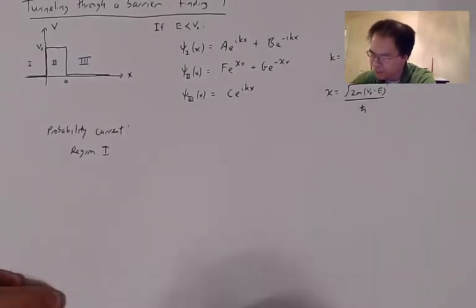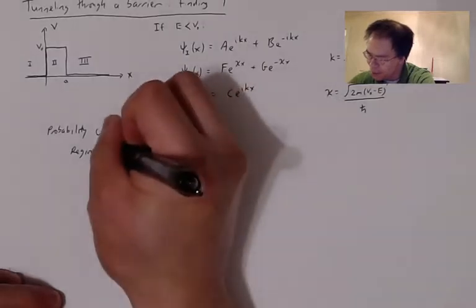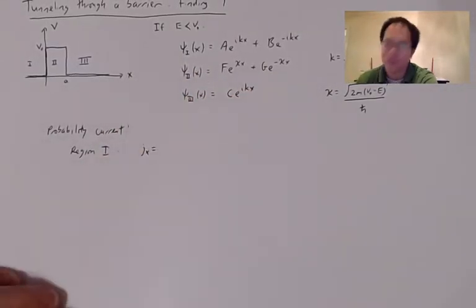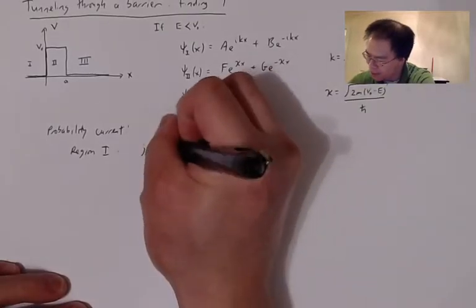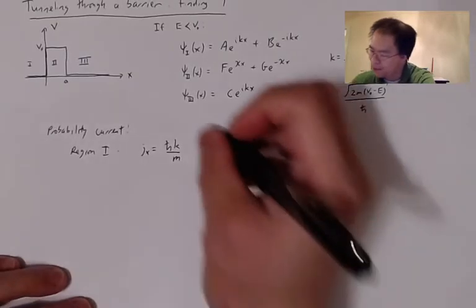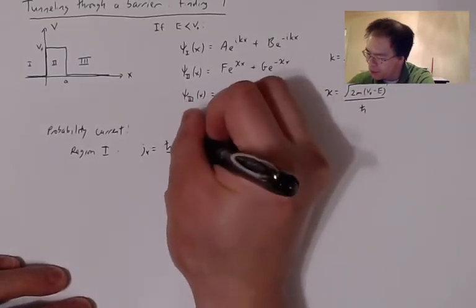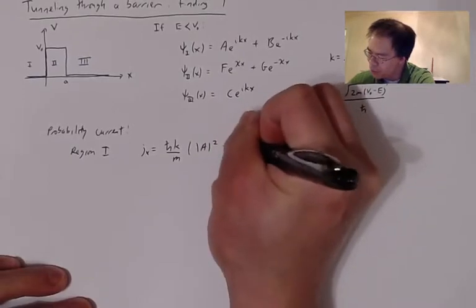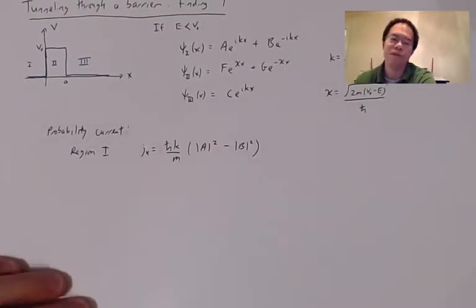There we got J_x equal to h bar k over m times the modulus squared of a minus the modulus squared of b.